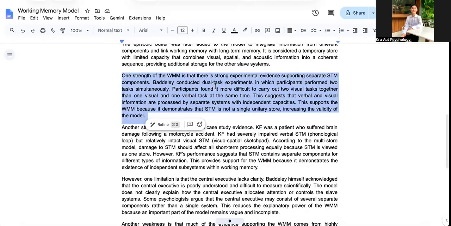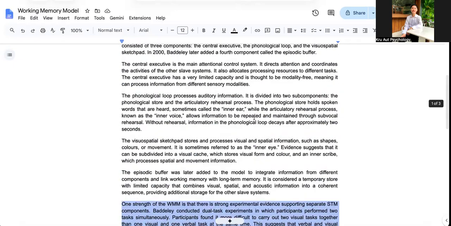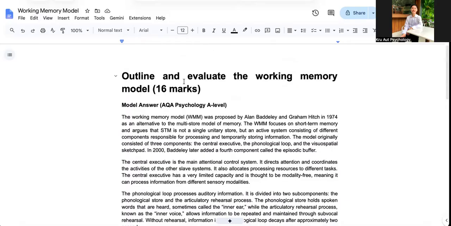The examiners might not be that strict as long as whatever supporting study you put in, you evaluated it well, clear, detailed, and made sure that you link it back to the topic, some model, theory or explanation. If you did that, then that's okay to gain a high mark. I say a high mark, but maybe not a top 16 out of 16, because examiners might still argue that it's not the best one to go with.